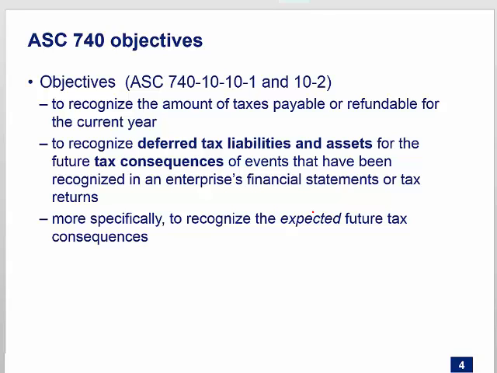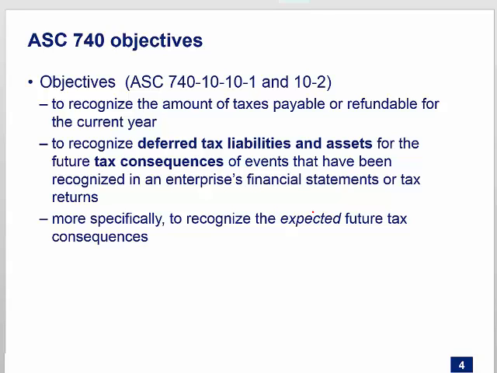So to the extent that a company pays taxes today due to a timing difference, let's say depreciation, but that timing difference will reverse in the future, deferred tax assets and liabilities will be recorded to reflect the future tax consequences of that reversal. Okay?